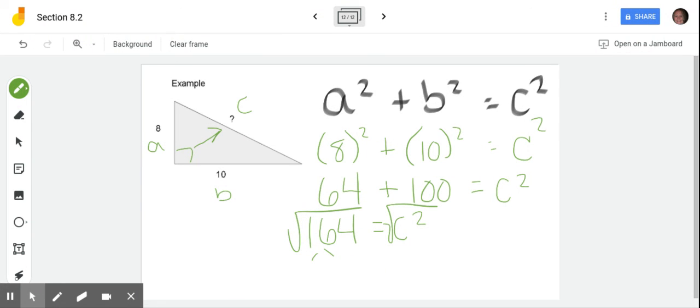So we think about all of the factors that go into 164. And I know that 4 goes into 164. So I've got the square root of 4 times 41 equals c. Well, 41 is prime, but 4 is not. This becomes 2 radical 41.